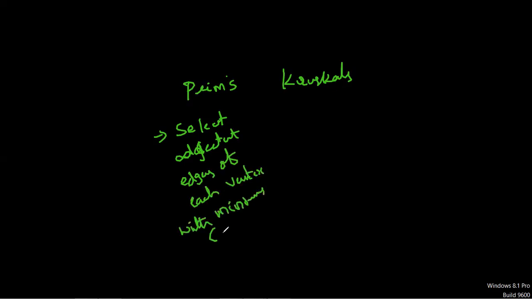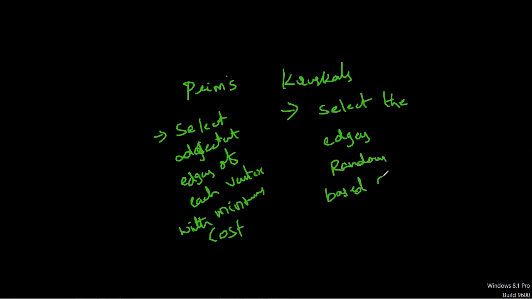Coming to Kruskal's, in this we select the edges randomly, based on their cost, minimum cost. Based on their cost, we select the edges. This is the main difference between Prim's and Kruskal's.